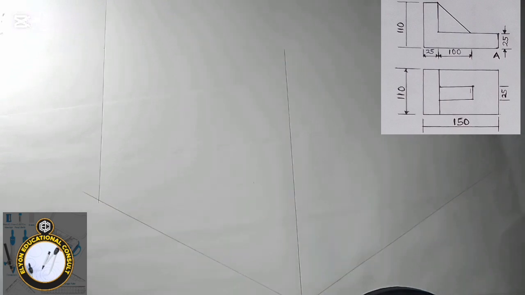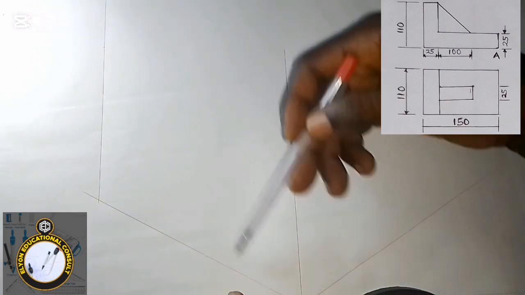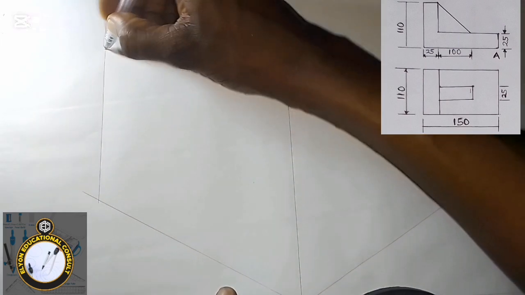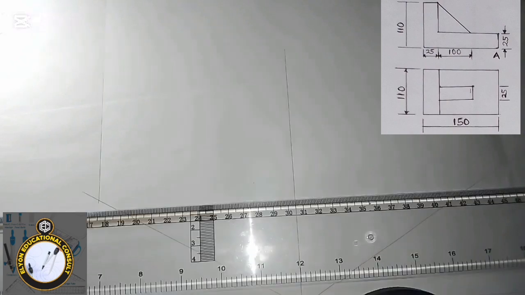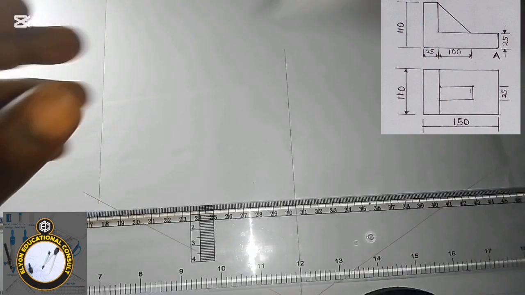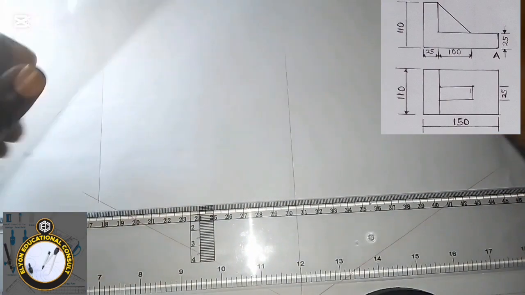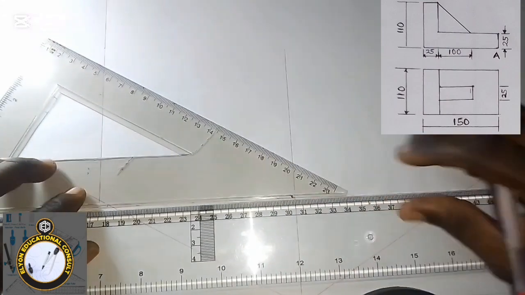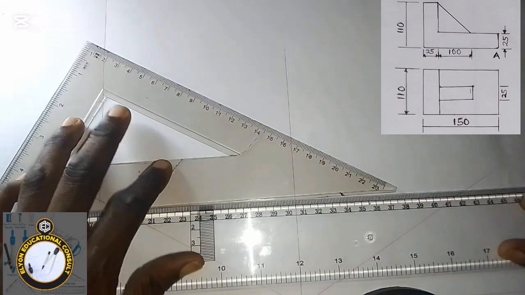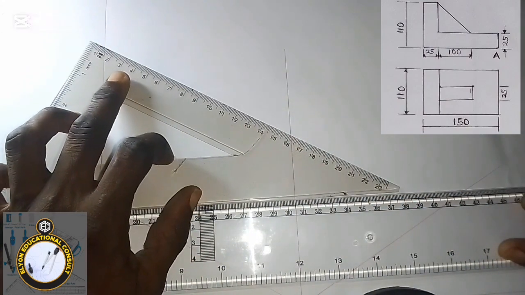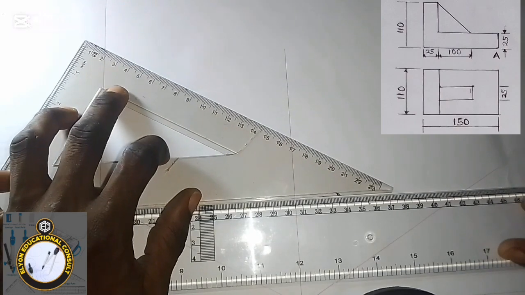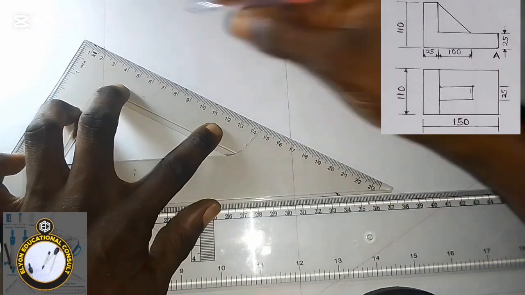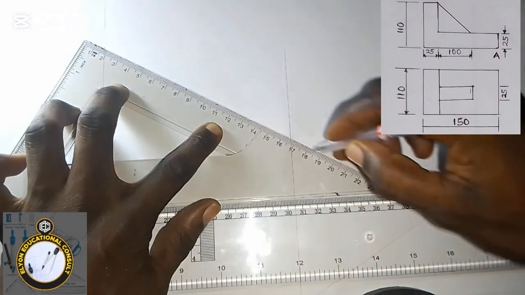So I'll be drawing a parallel line to this line from this 11. I will use my 60 by 30 degree set square for that.